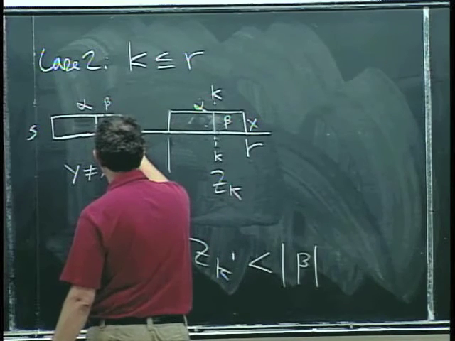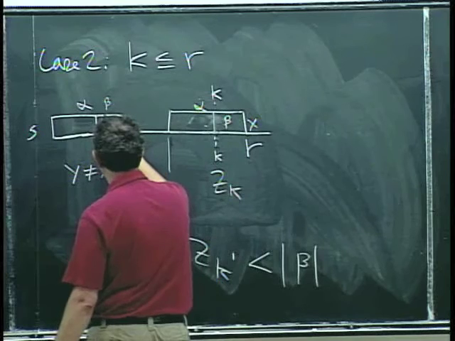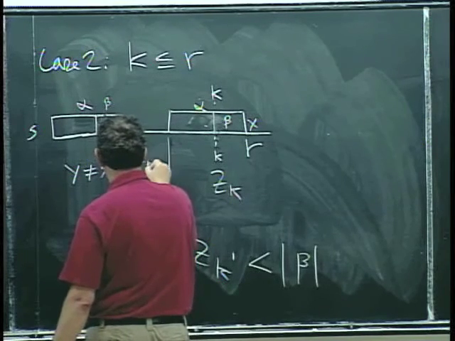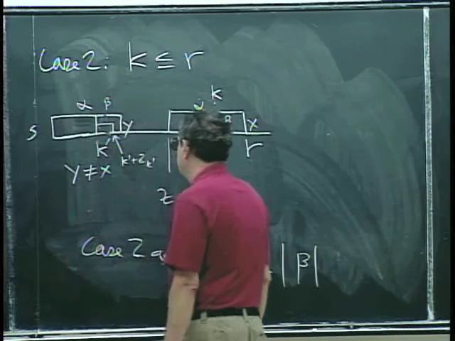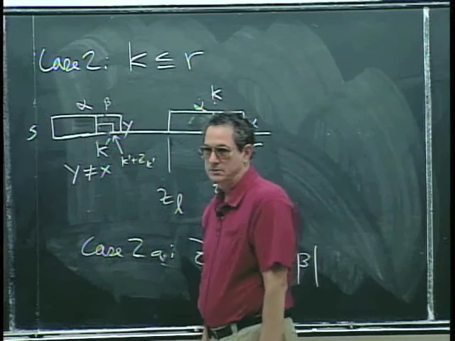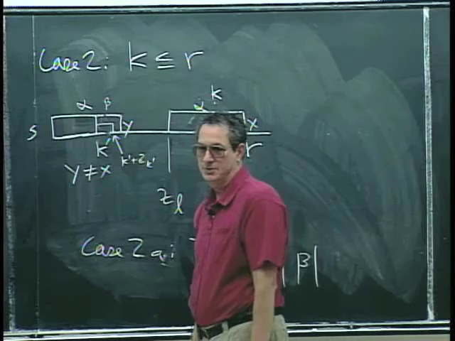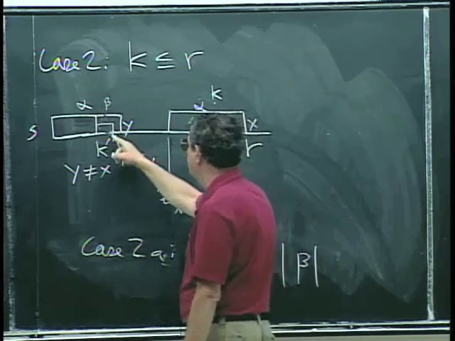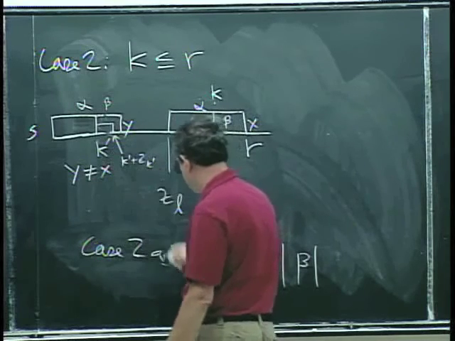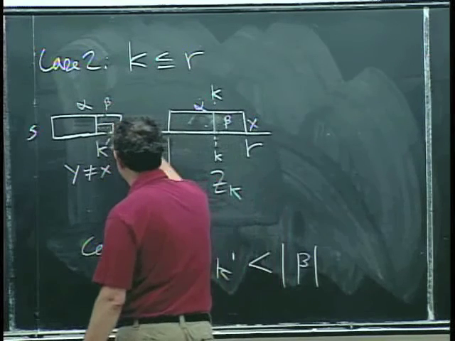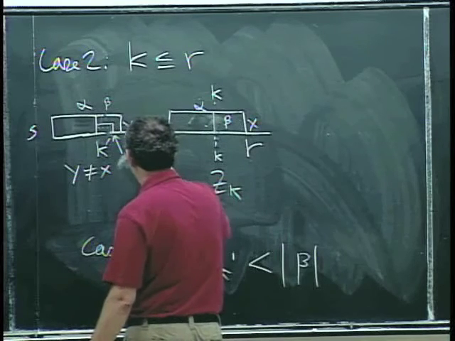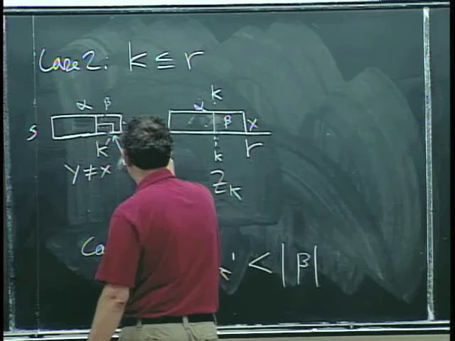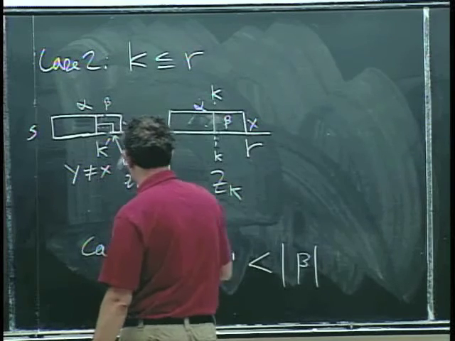Okay, so this is K prime plus ZK prime plus or minus 1. Who knows how to do arithmetic? Anyway, the length of this thing is ZK prime.